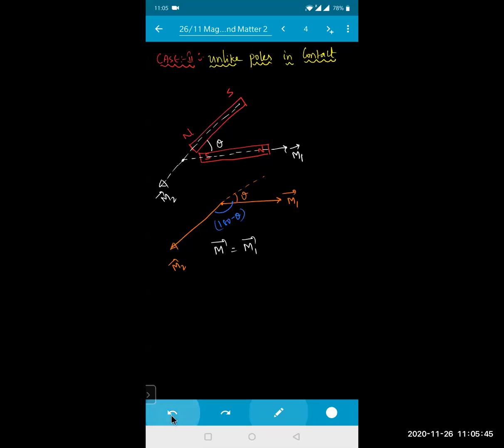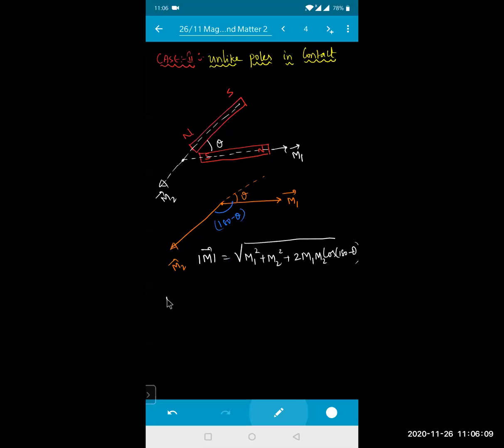Let's see how much it comes to. I am writing in terms of the resultant magnitude. So mod of M bar is equal to under root of M1 square plus M2 square plus 2 times M1 M2 into cos of the angle between them, cos 180 minus theta.